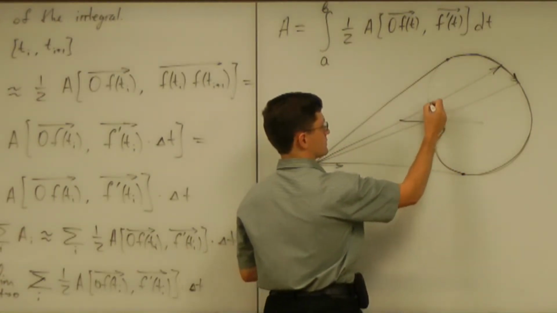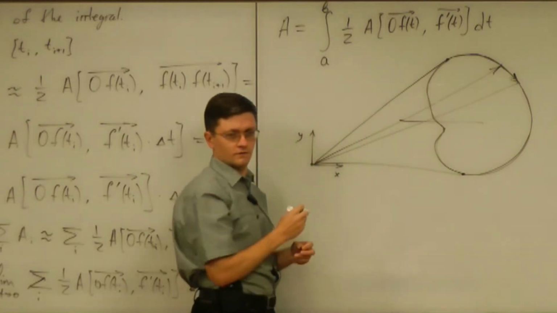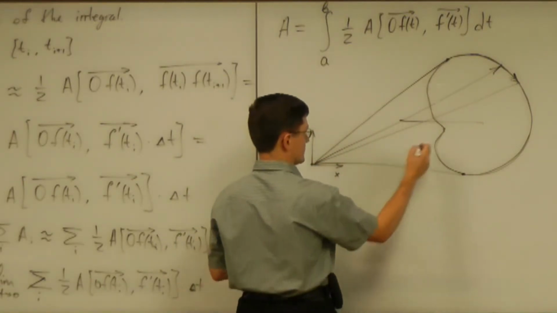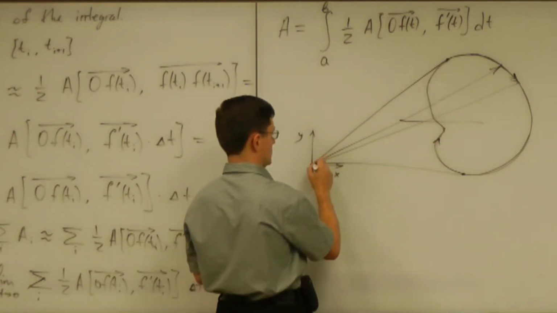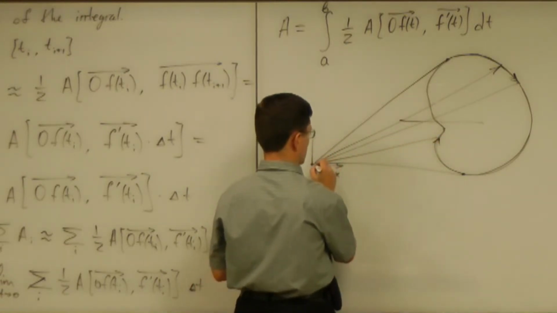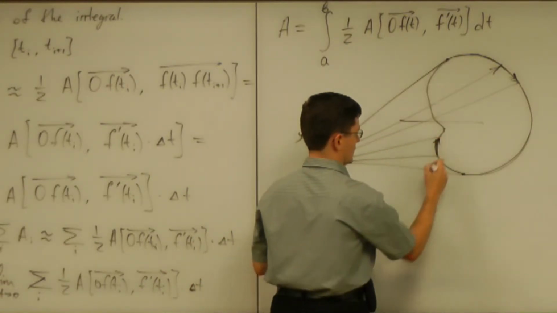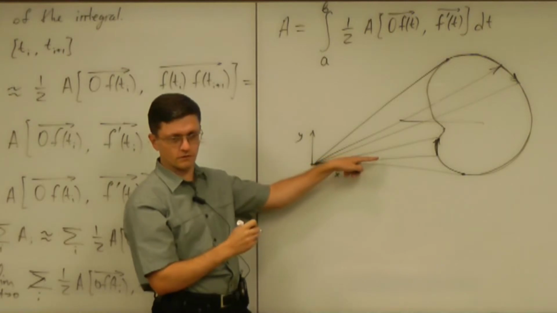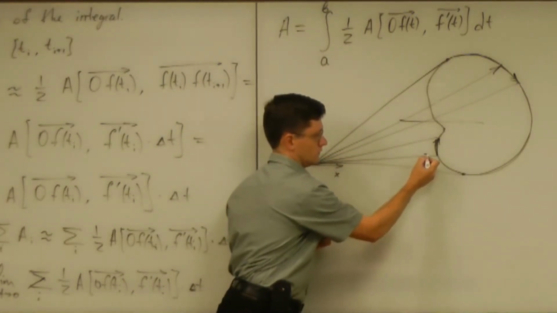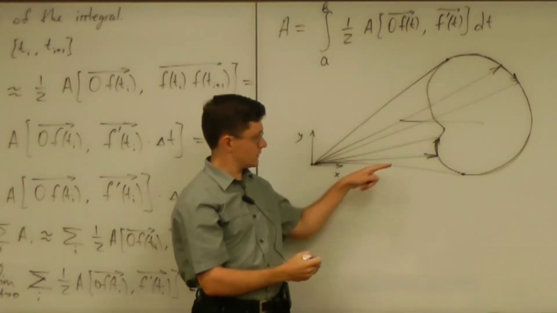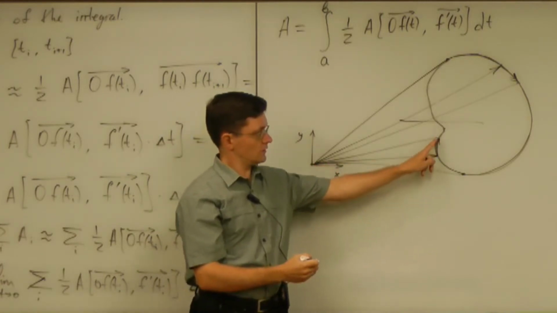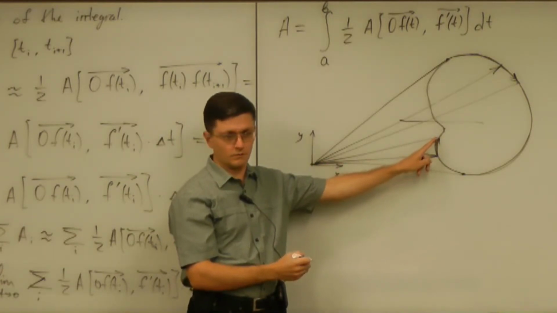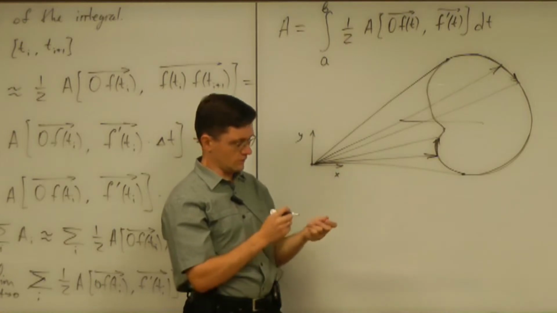But then you continue computing area along this path. And along that path, you move in such a way that every time you compute the area of this triangle, you multiply position by velocity vector, but now the product is positive.